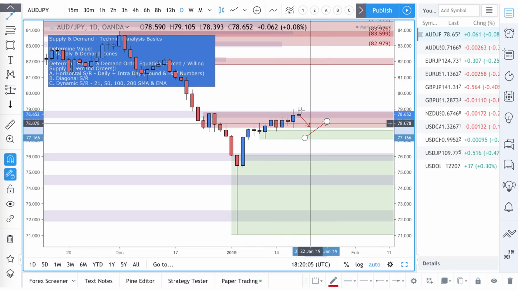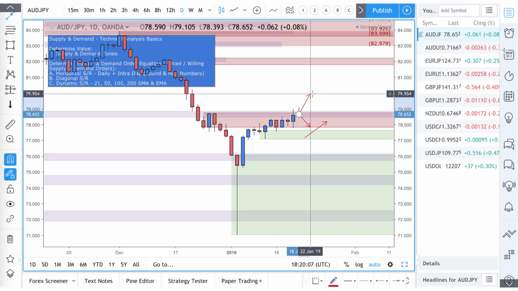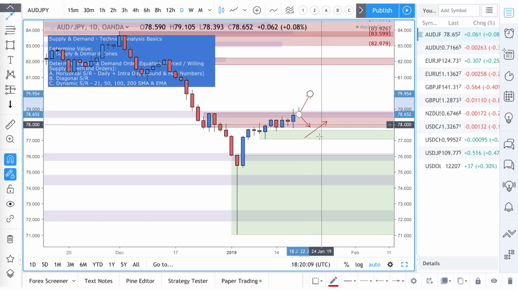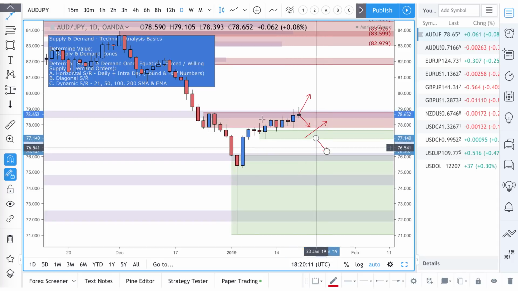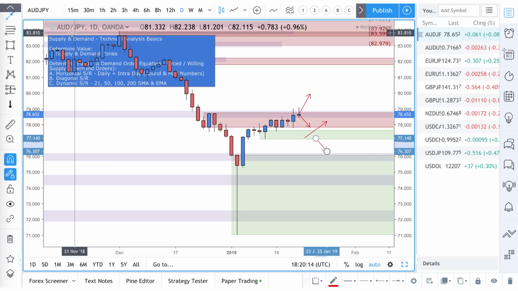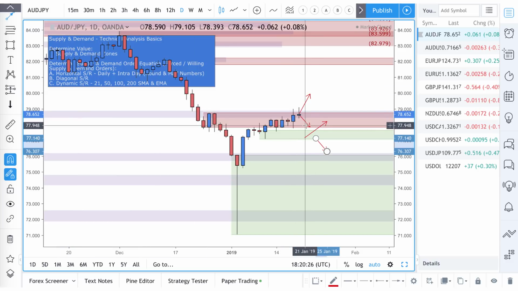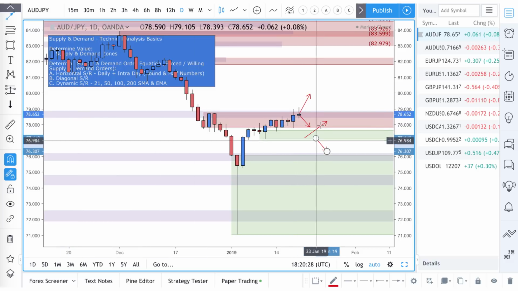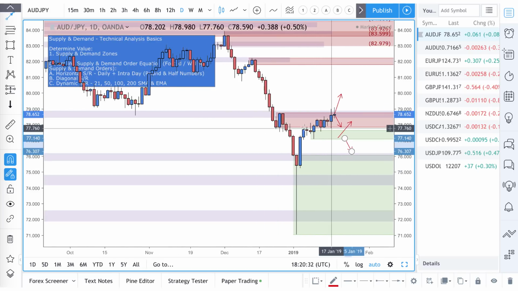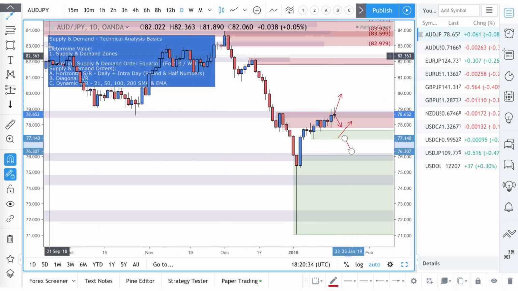But one of these is definitely going to break, either to the upside, or it's probably going to end up coming down and maybe break to the downside. Again, this currency pair is a risk sentiment pair, so if there's risk off, then the Japanese yen will be a beneficiary of that as a safe haven asset. Risk on, the Australian dollar. And again, just keep an eye on China and the data that comes out of China, and really just the risk sentiment in the market in general, in order to really trade this currency pair.